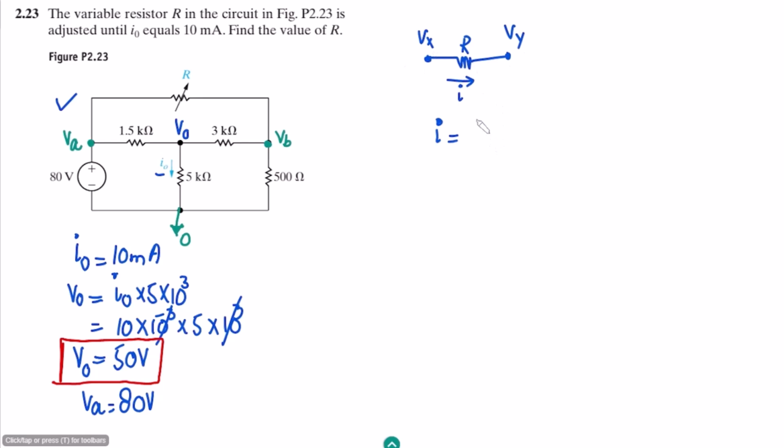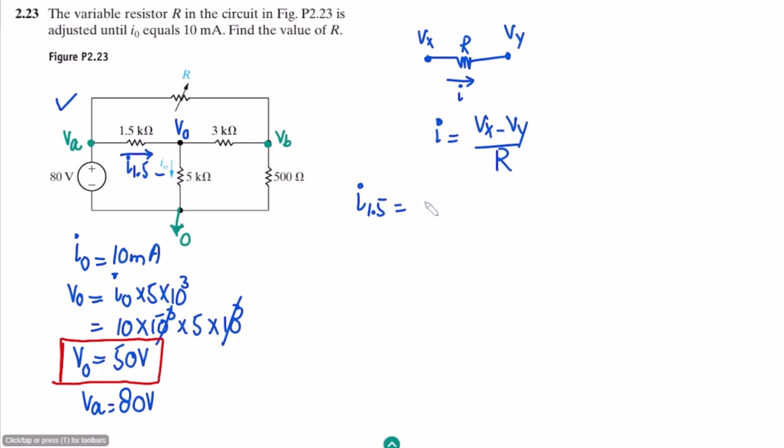So the potential difference here is Vx minus Vy divided by R. Okay, so let me apply the similar formula here, and in applying it, let me have this current here, let me call it I 1.5. Okay, so the value of I 1.5 is the potential difference, which is VA minus V naught divided by 1.5 kilo.